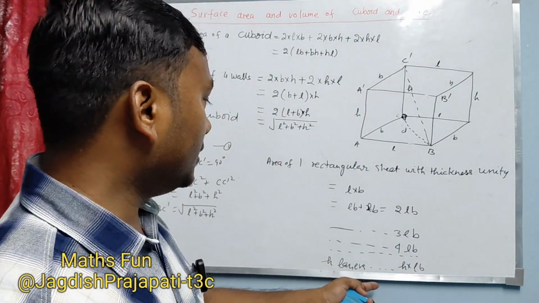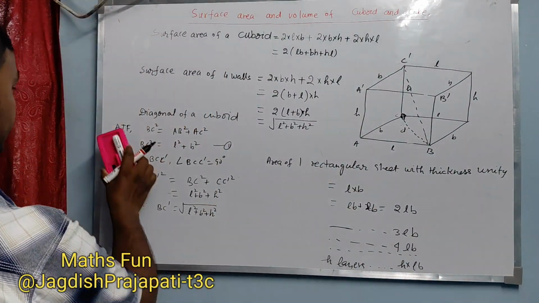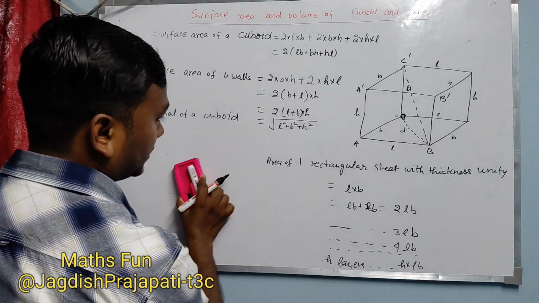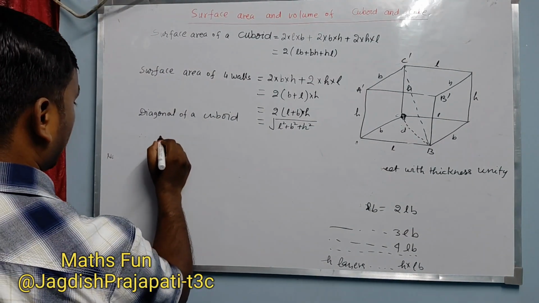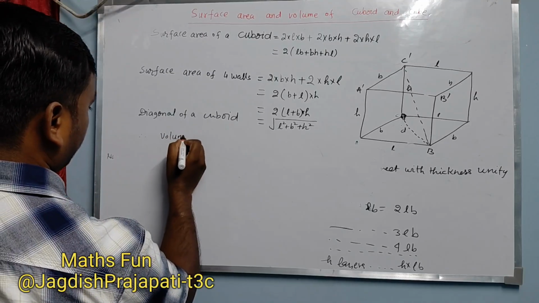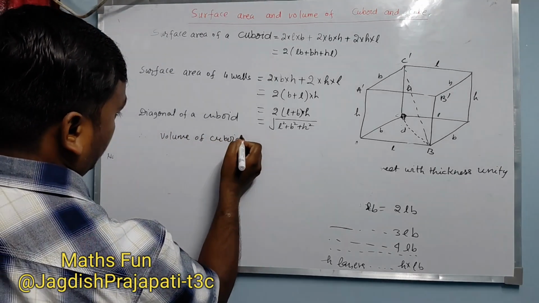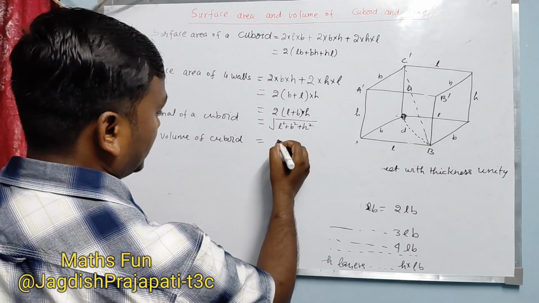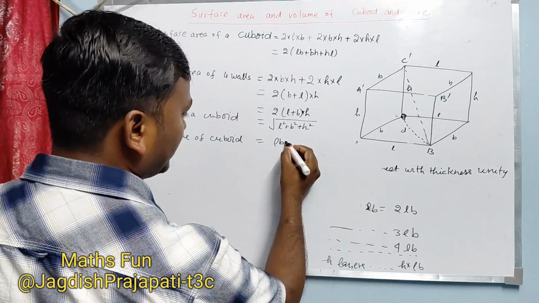So now this is the volume. So here we can write this formula. I hope you have written this down, and therefore volume of cuboid is H into LB, or LBH.